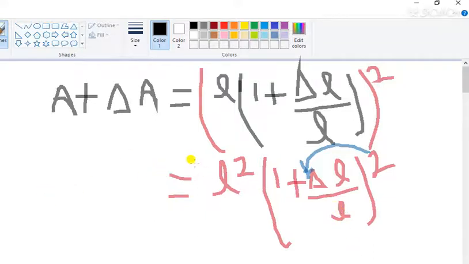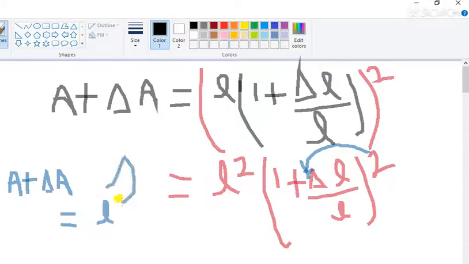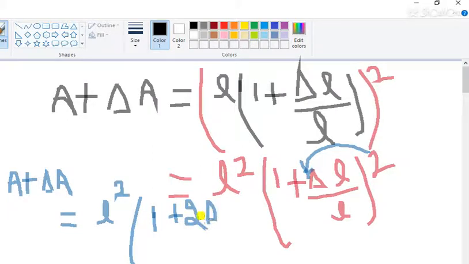So if I write the expression, then A plus delta A will become equal to L square into 1 plus 2 delta L by L. Dividing both sides by A, here A is L square, so A on this side and A on this side will get cancelled out.